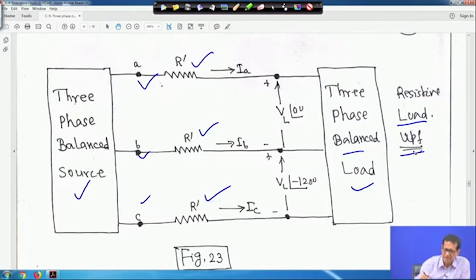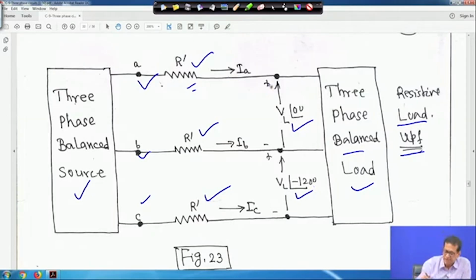The line to line voltage across this load is VL angle 0 degrees for A to B, and B to C is VL angle minus 120 degrees.